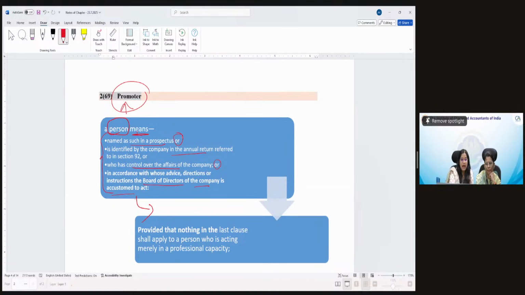See, ma'am has marked a few things. Accustomed to act, board of directors. You should learn these words: advice, directions, instructions, the board of directors of the company are accustomed to act. We will be referring to this line at n number of places in the act. So I hope it's not only clear, but you have learned it with us.